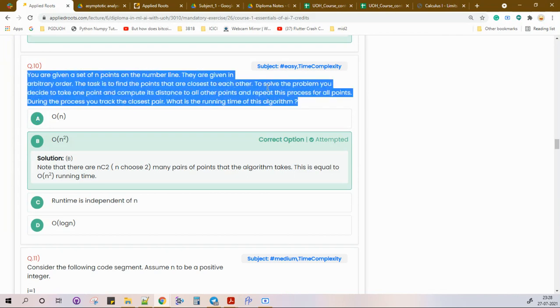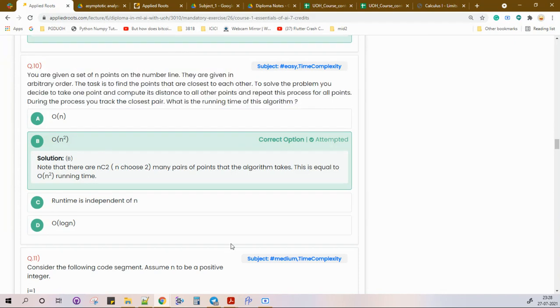So this is just a story. We don't need to fall into the story. What they are saying is you have n points, and you need to find out the closest pair. So you take the first term and compare it with each of the rest of the terms, right?